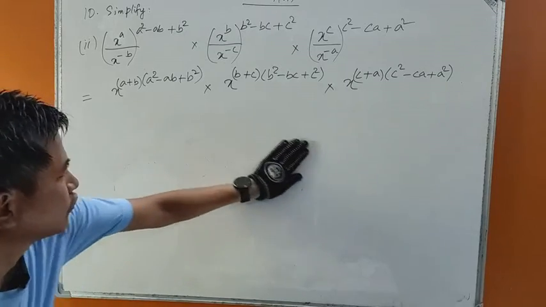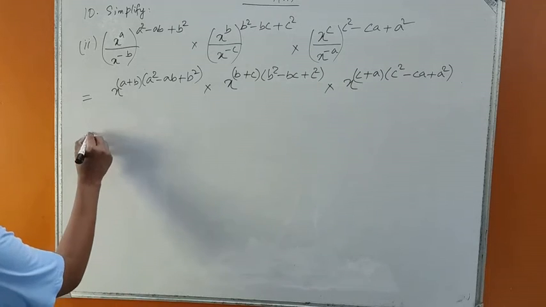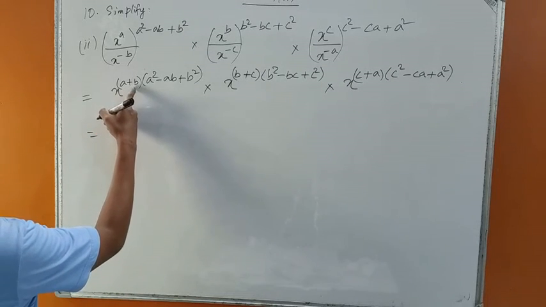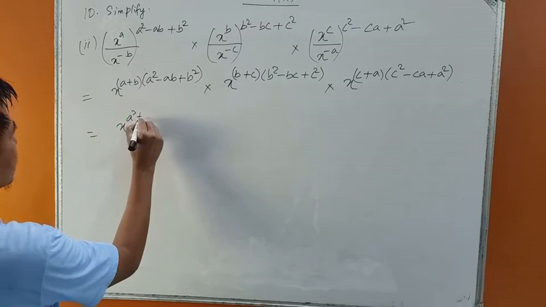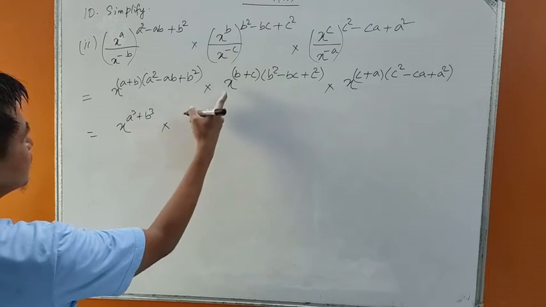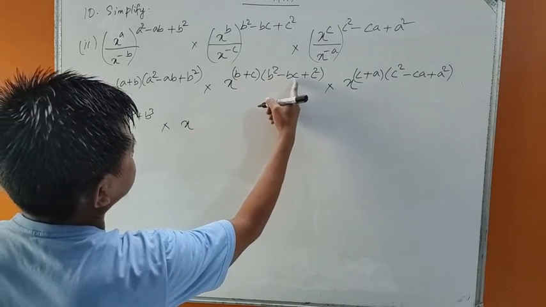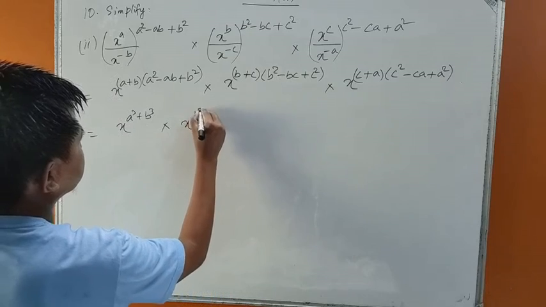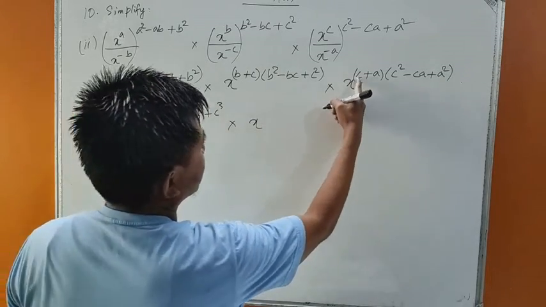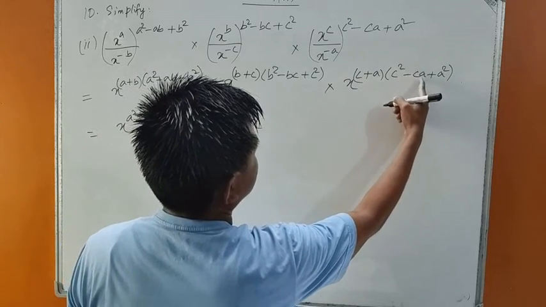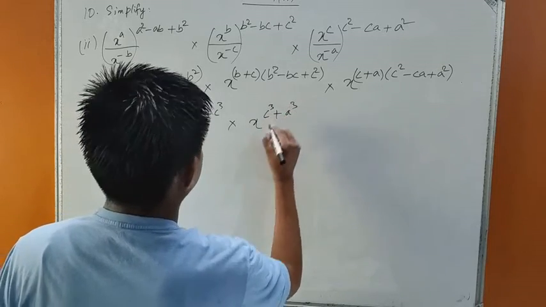So if you know this formula, we can write this as a cube plus b cube, isn't it, into x to the power a plus b into a square minus ab plus b square means a cube plus b cube, isn't it?